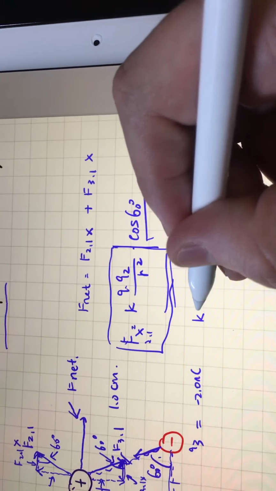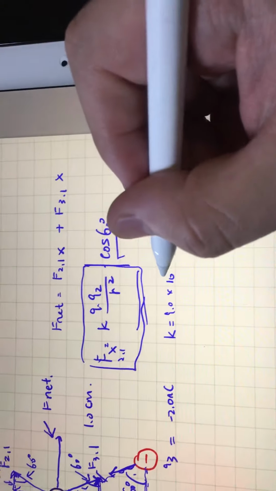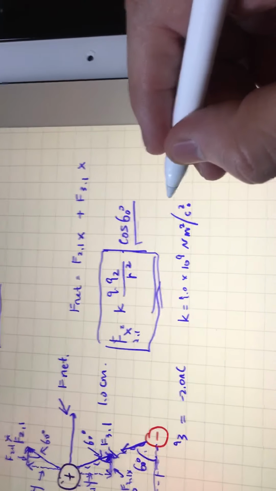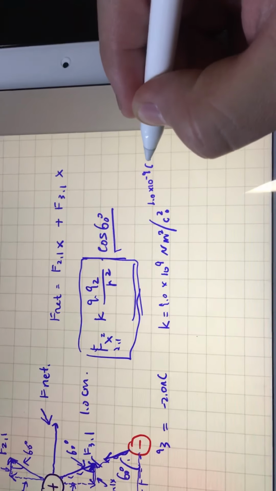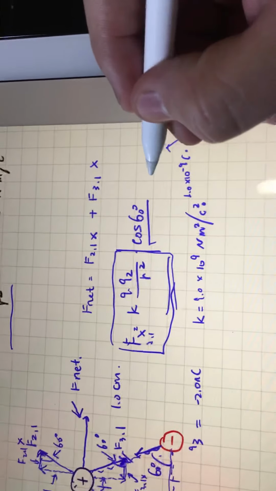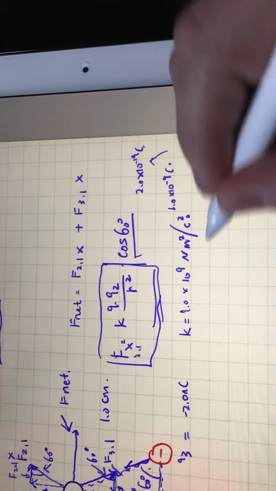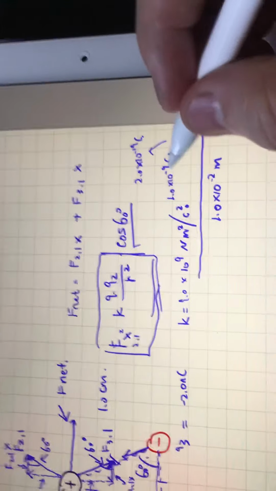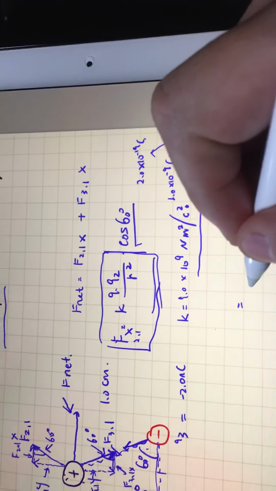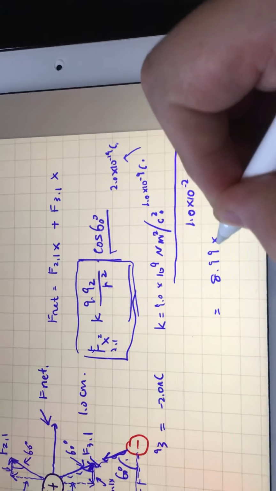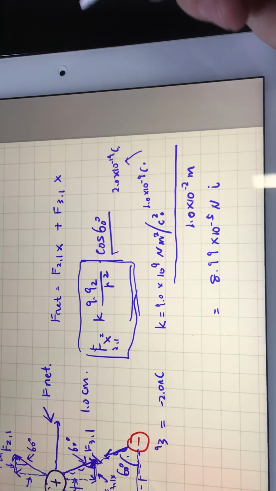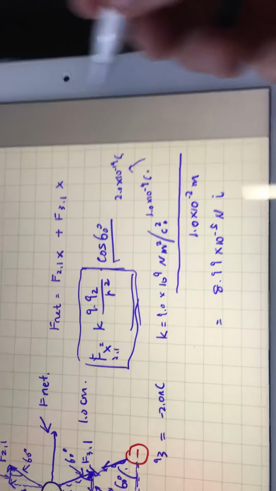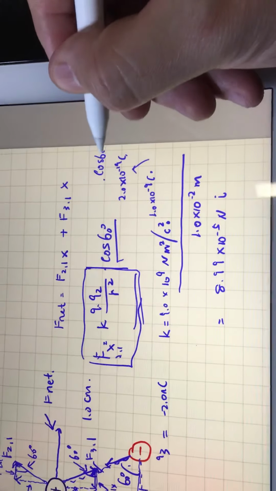So here, K is 9.0 times 10 to the 9 Newton meter squared per coulomb squared, times Q1, 1.0 times 10 to the negative 9 coulomb, times Q2, 2.0 times 10 to the negative 9 coulomb, over r squared, where r is 1.0 times 10 to the negative 2 meter, because we convert centimeter to meter. This gives us 8.99 times 10 to the negative 5 Newton, times cosine 60.